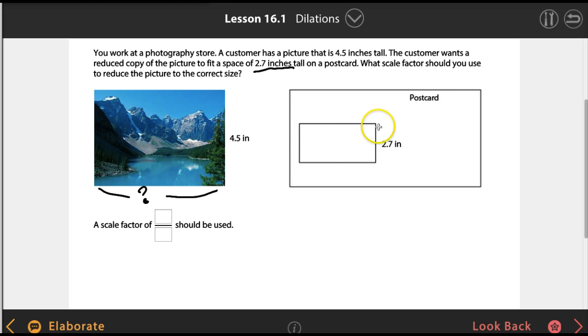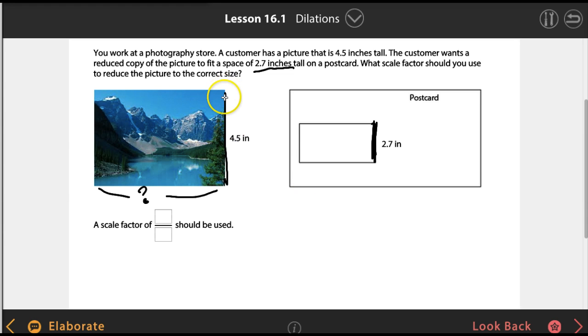Yeah, they do that these days. But anyway, he now wants this 4.5 inches to be shrunk to 2.7 inches. And so, of course, we have to work on dilations. We cannot just cut it and just show this side and then keep the length the same or anything like that, right? We have to make sure that everything is proportional.